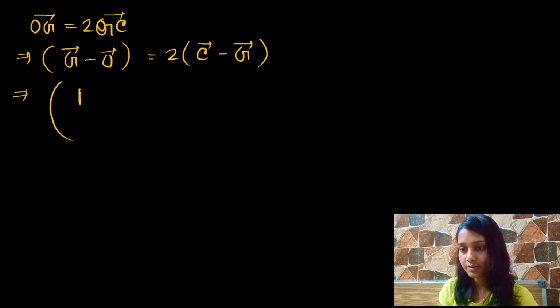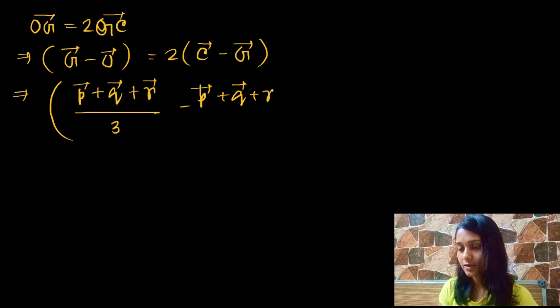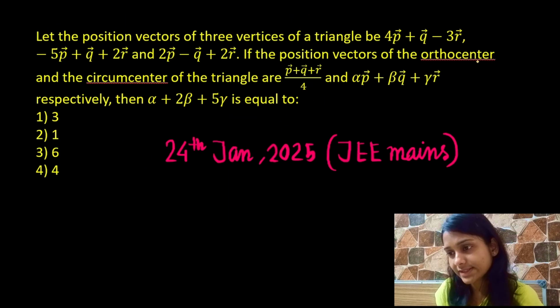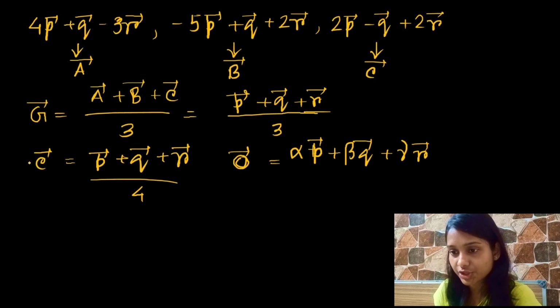So we have p plus q plus r divided by 3 minus p plus q plus r divided by 4, equals 2 into C minus G. So O is this vector, and the circumcenter is this vector. So we need to exchange these. This is the orthocenter, and this one is the circumcenter. Okay, so now it makes sense.